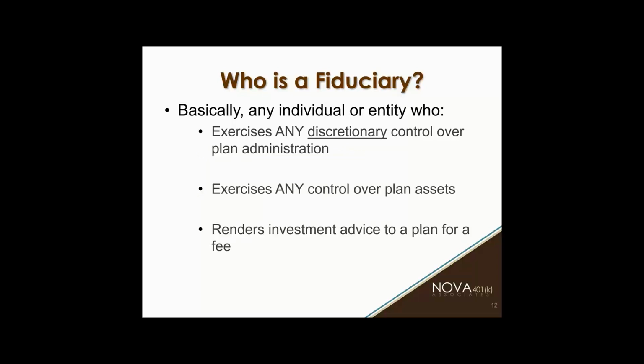Okay, so a fiduciary in general is any individual or entity that exercises any discretionary control over the plan administration, or exercises control over the plan assets, that's where your investment people come into play, or renders investment advice to the plan for a fee, which would be your investment advisors, your brokers that are the partners on your plan, right?